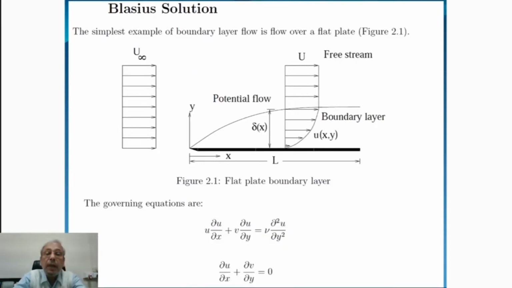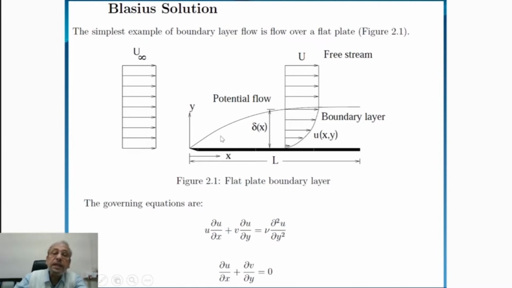Now we will first discuss the solution of the velocity boundary layer, and the solution of the velocity boundary layer is basically known as the Blasius solution. This is the simplest example of boundary layer flow over a flat plate.